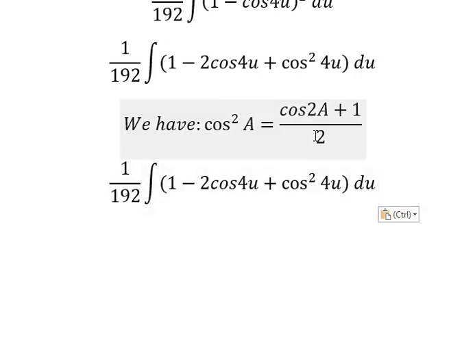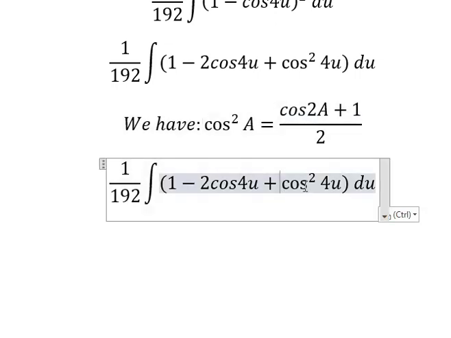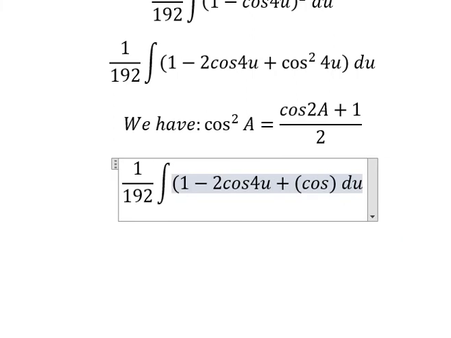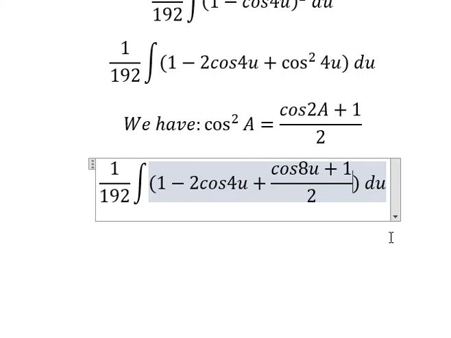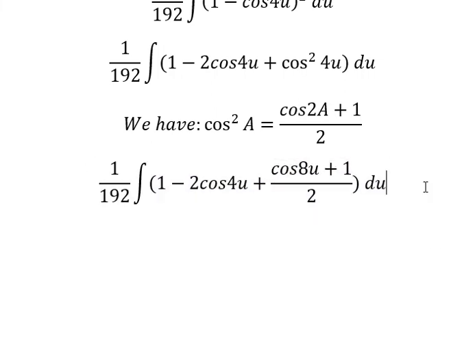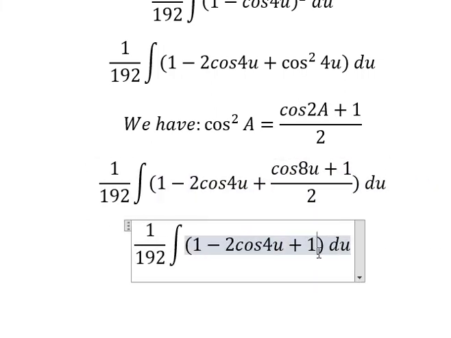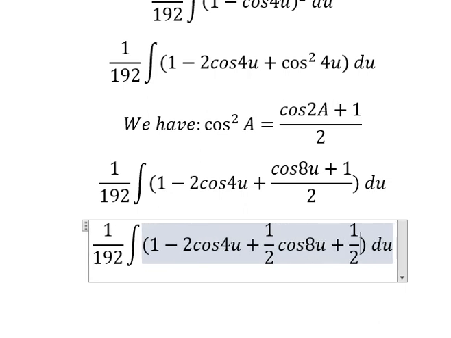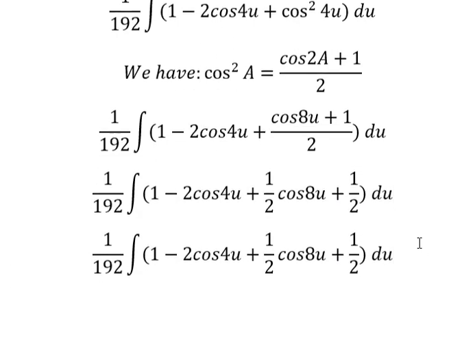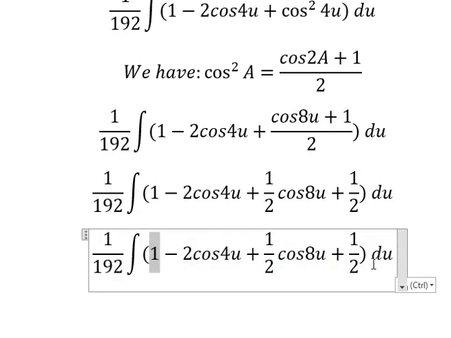So we apply this formula for this one. So we have cosine 8u plus 1 over 2. So this one we have 1 over 2 cosine 8u plus 1 over 2. So 1 plus 1 over 2, we have 3 over 2.